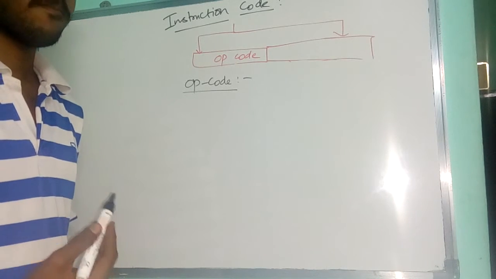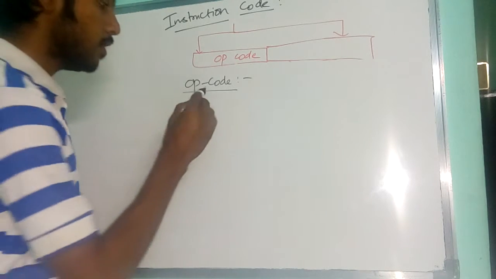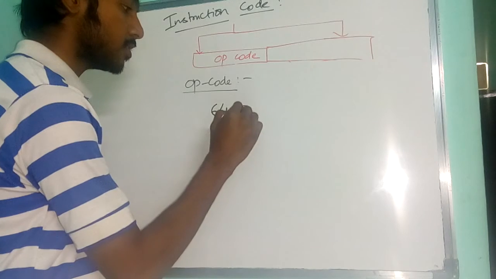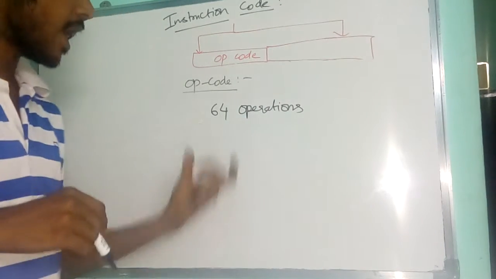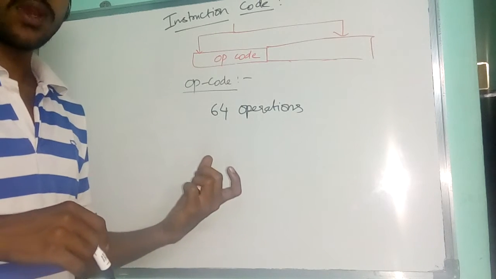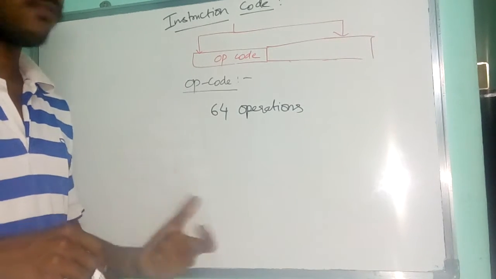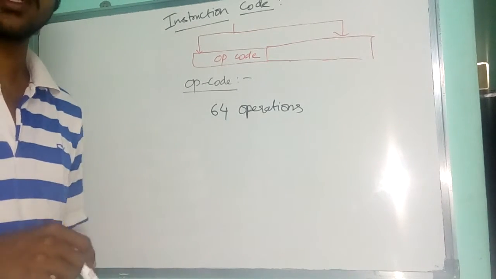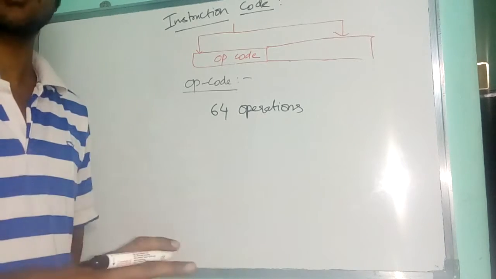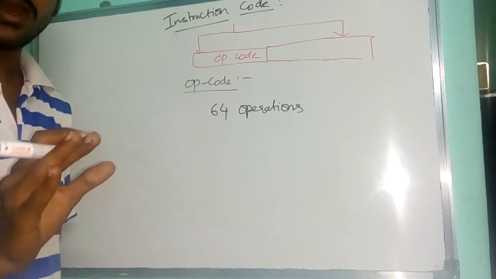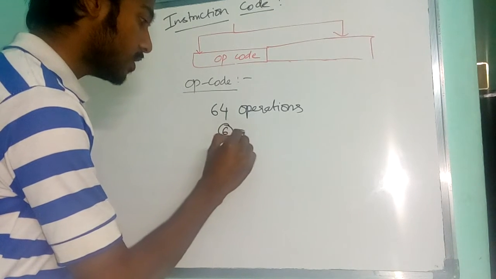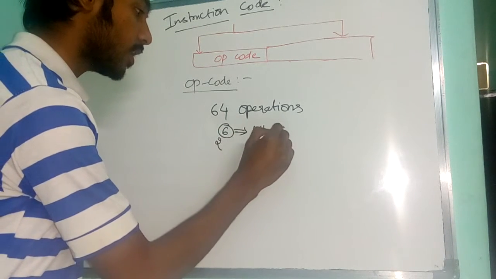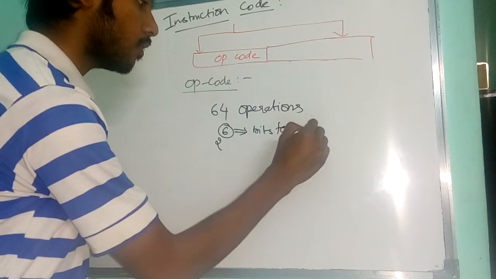Suppose my computer should perform 64 operations, and I need to give an instruction format for performing the 64 operations. Then in my instruction format I need to have at least 6 bits for opcode.